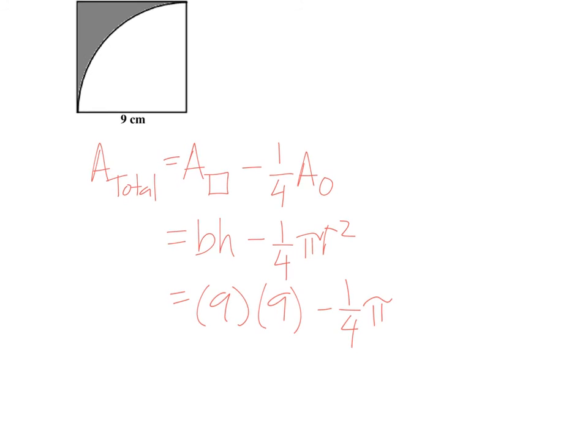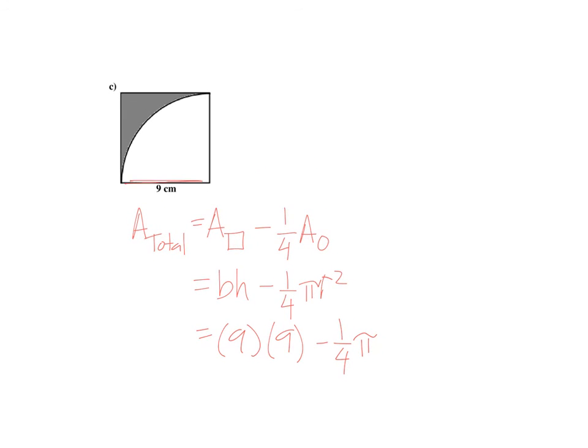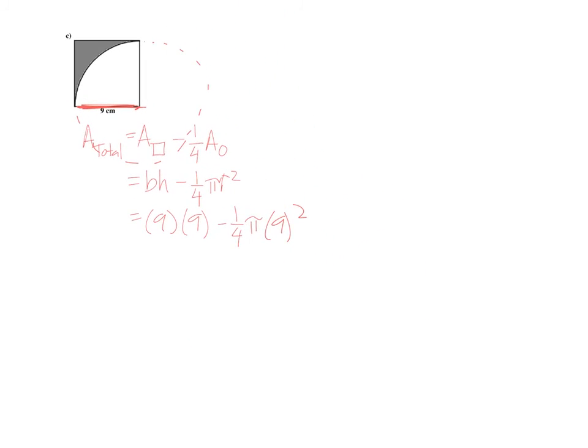Now, what's the radius for this circle? As we stated before, it's going to be 9, okay? Because we have this whole circle here. All right, so we have 9 squared. So I end up with 81 minus 1/4 pi 9 squared. 9 squared is 81. So I have 81 over 4 pi.